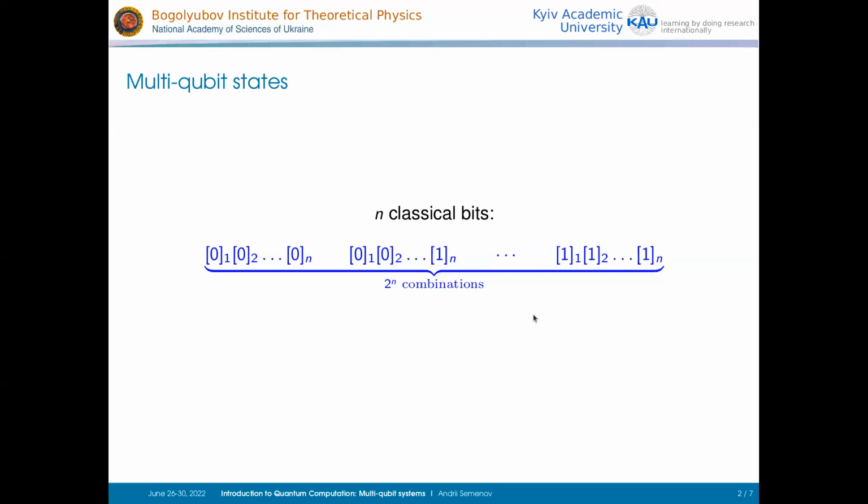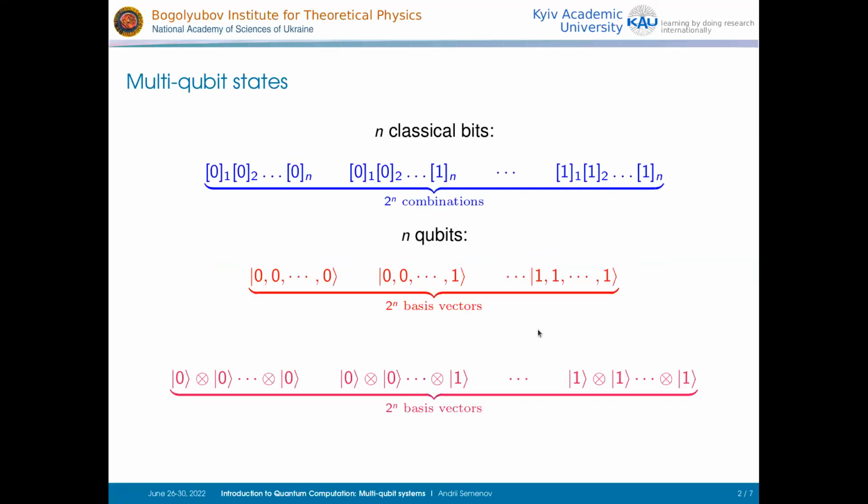And now a very important property of quantum systems: it turns out that our n-qubit system will have 2^n basis vectors, which we write like this, with this strange sign of outer multiplication.